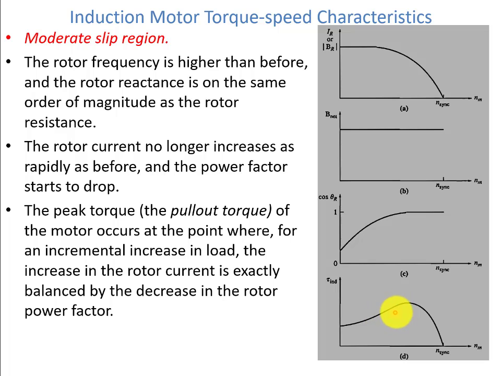And this is the pull-out torque. This is actually the moderate slip region. So we have 0, and it would be somewhere here at maybe 0.2, say maybe 0.6 or 0.7. You cannot define it physically exactly, but it depends upon these curves, on the different motors. They have different characteristics, but the basic shape will be the same.